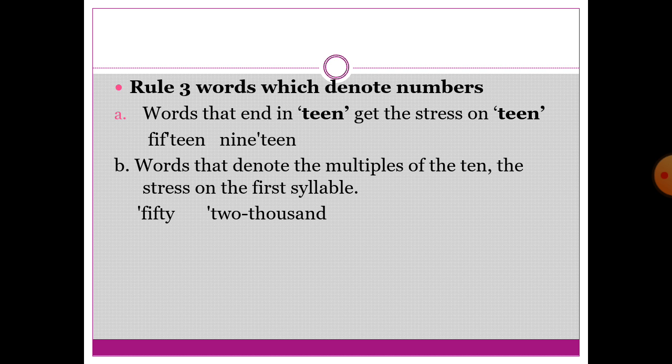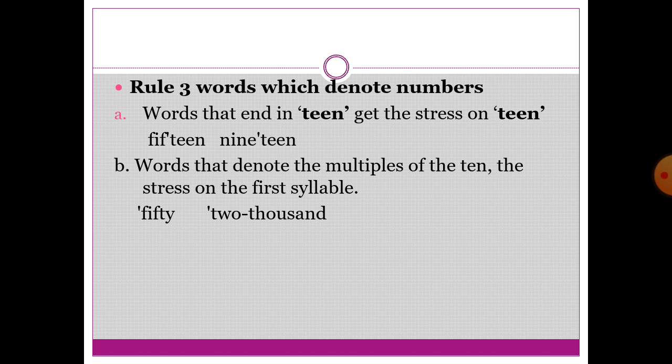And we have multiples of 10 and compound words like 2000, 3000. These are the different words, and from 0 to 10, these are the numbers we have.